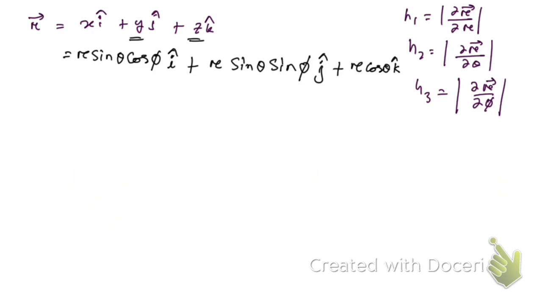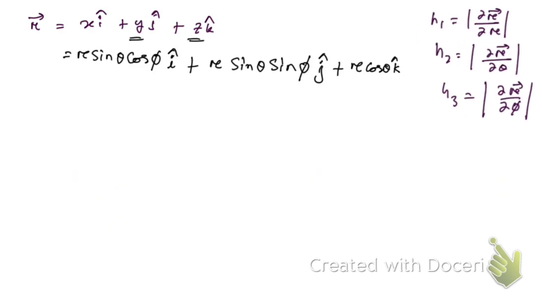Now let's find this derivative. Let me differentiate R vector with respect to r. We are differentiating partially, so when we differentiate with respect to r, we consider r as the only variable, and the other part will be taken as constant. Similarly, the same procedure should be applied here and here also, right?